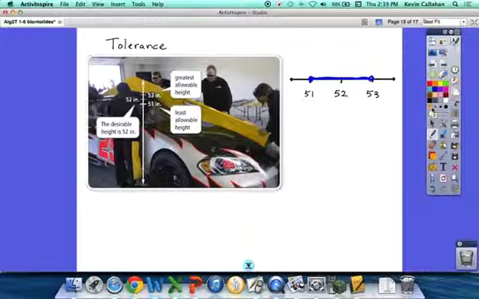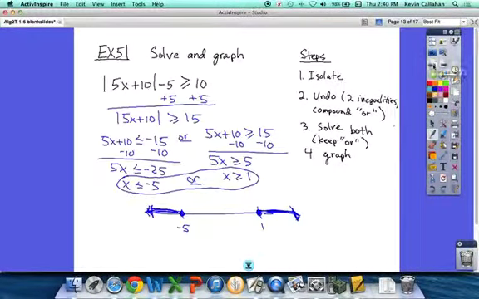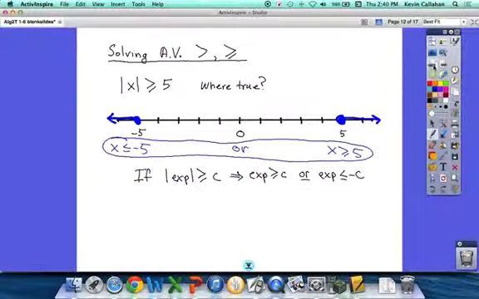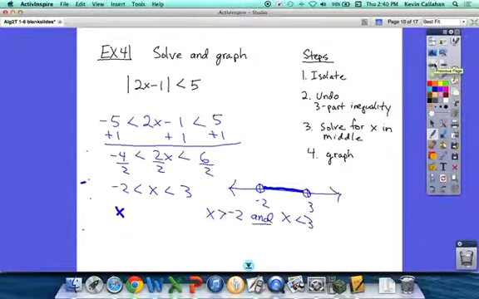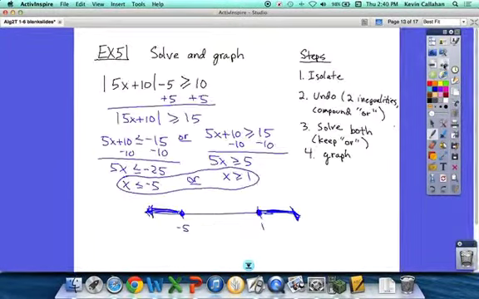And we have for inequalities absolute value less thans and greater thans. Which one does that look like? Remember what they look like. That's what a greater than looks like. That's what a less than looks like. Which one does it look like? It's a less than. So we're looking for an absolute value less than.